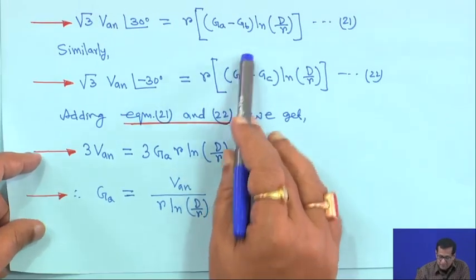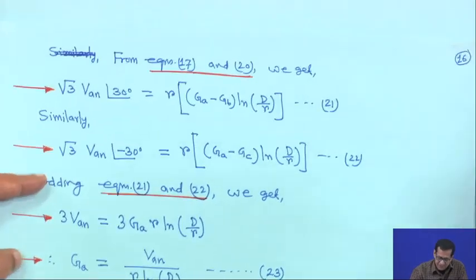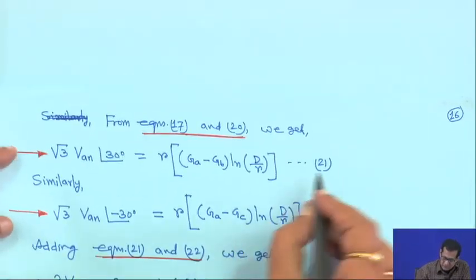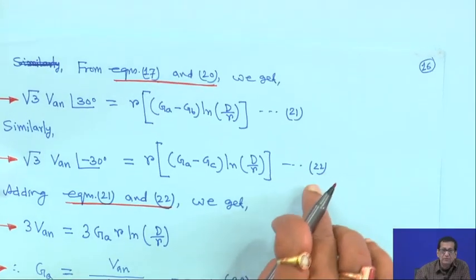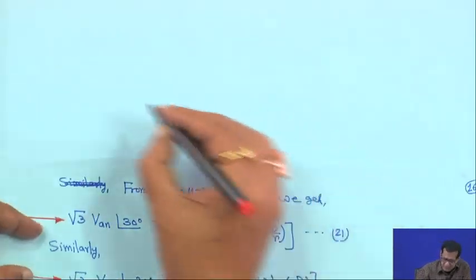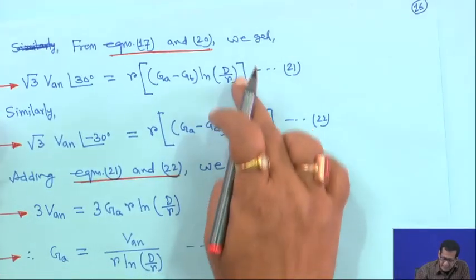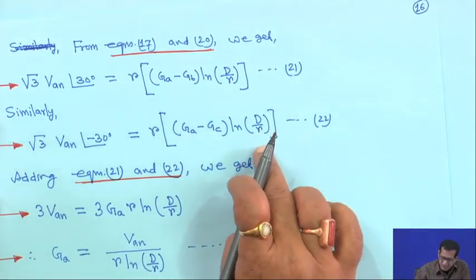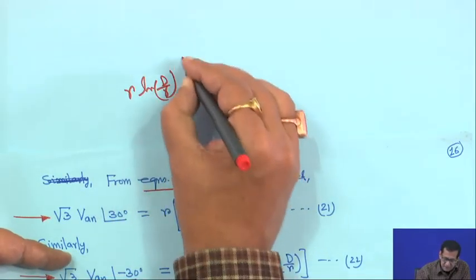Now, if you add these two, I will show only the right hand side, how things are coming. If you add equations 20, 21 and 22, then if you take R common, R ln d upon R is also common.